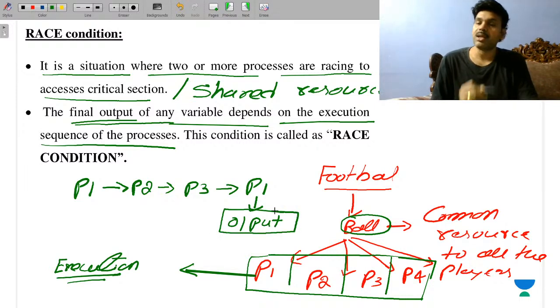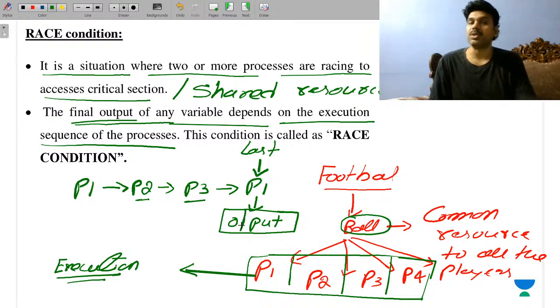Please understand, your final output is only in the hands of P1. It's not in the hands of P2 or P3, because whoever performed last is the main person, responsible for generating the output. So this kind of condition is called a race.